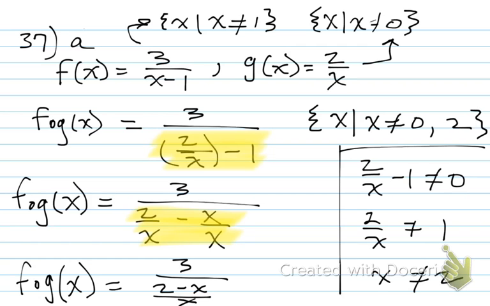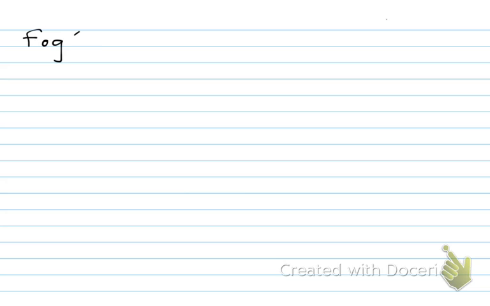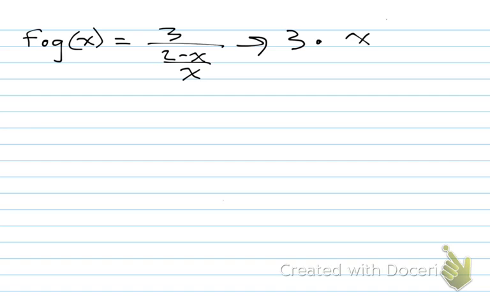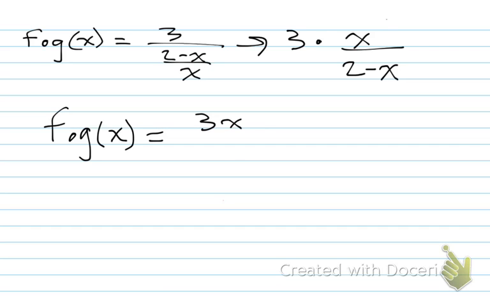Because there's a fraction in the denominator of the overall composite, I'm going to multiply everything by the reciprocal, and then when it all shakes out, on this next slide right here, you're going to see what the final composite will look like. And we'll also include the domain restrictions.